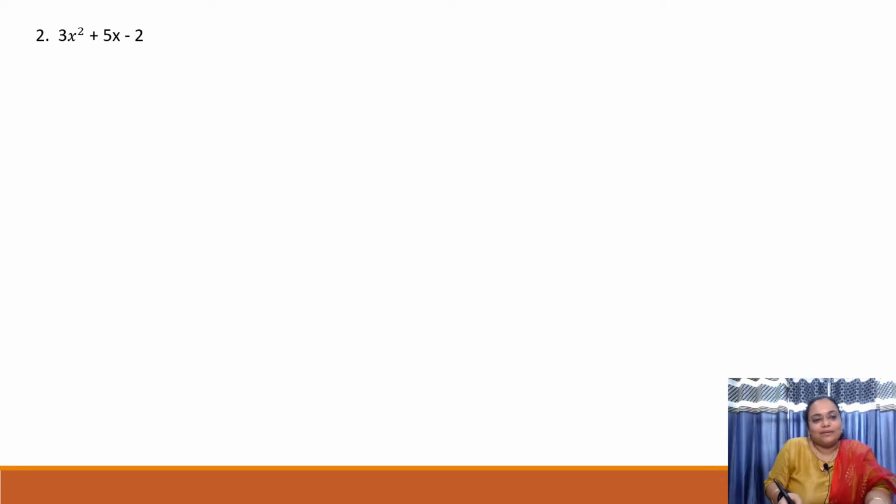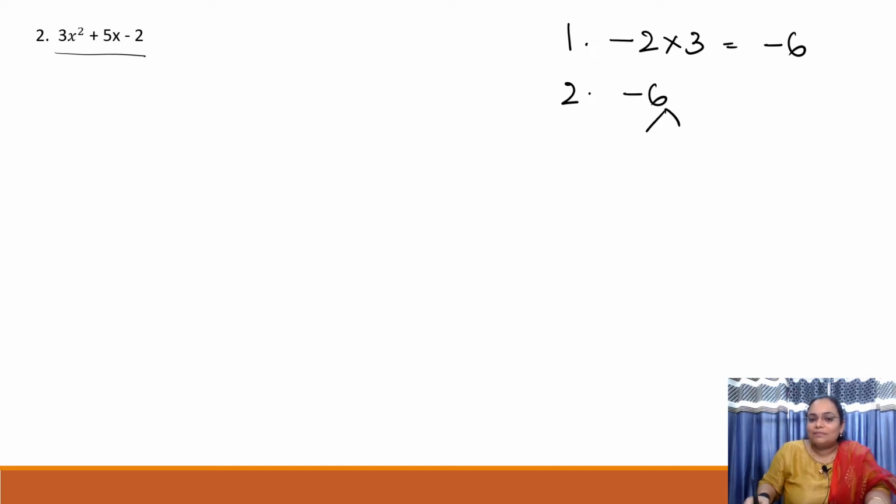So the next polynomial is 3x² + 5x − 2. What is the first step we have learned? We need to multiply the constant term and the coefficient of x², which is −6. The next step is to find all the possible factors for −6: 1 into −6, −1 into 6, 2 into −3 and −2 into 3.